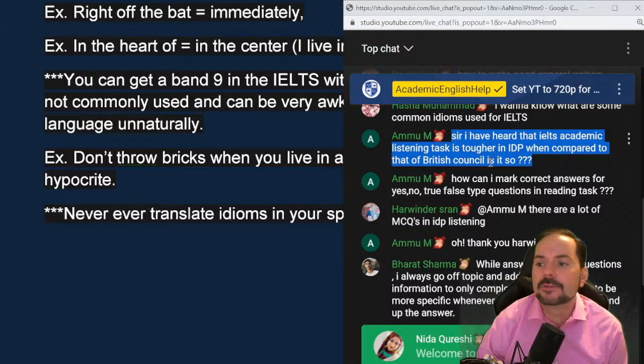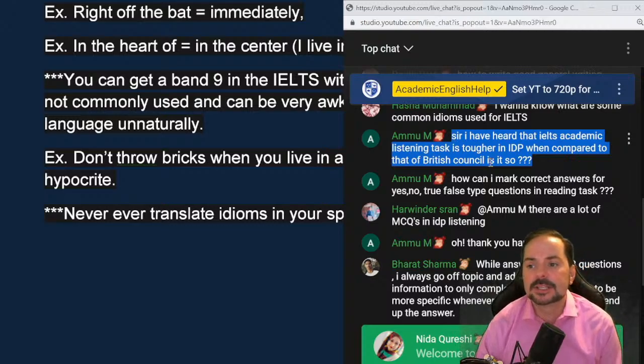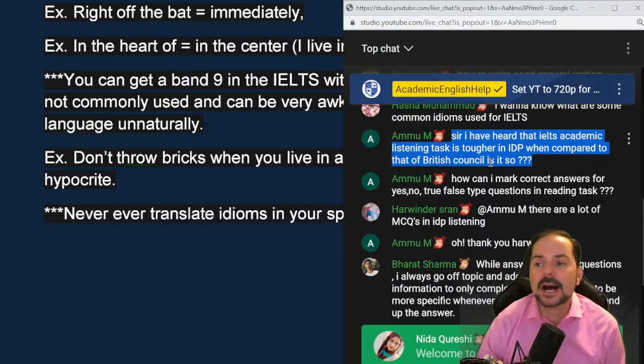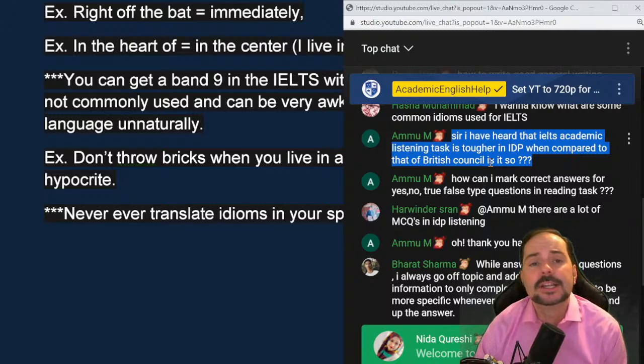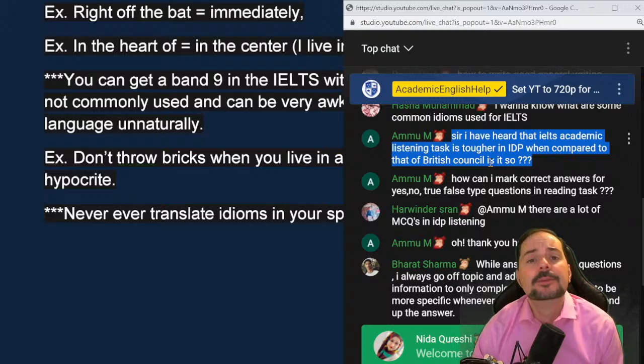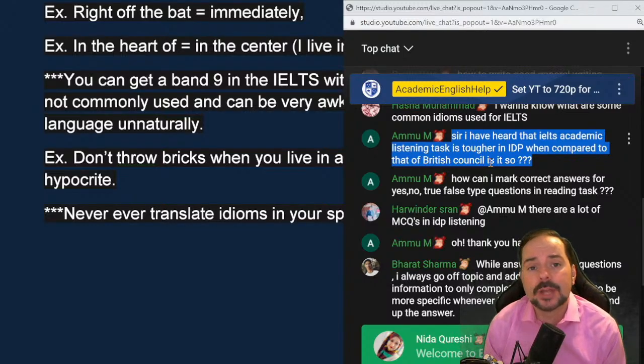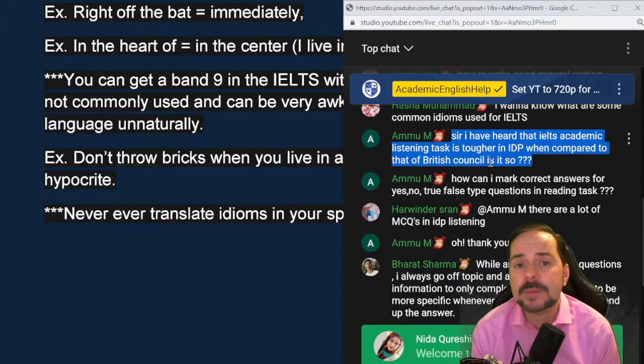Sir, I've heard that IELTS academic listening task is tougher at IDP when compared to British Council. No, it's not true. It's the exact same listening. The materials, Amu, are created by Cambridge ESOL Examination Board. It's not created by British Council or IDP. British Council and IDP just do the administration.